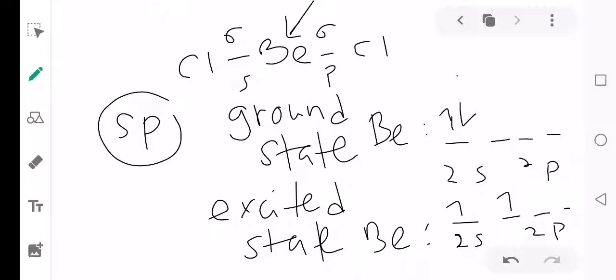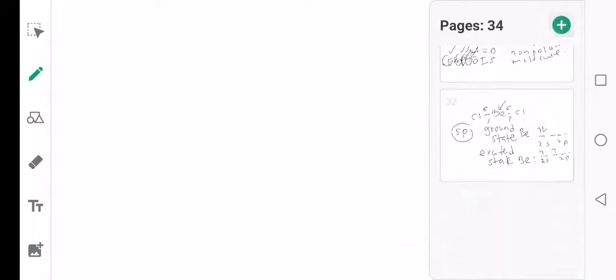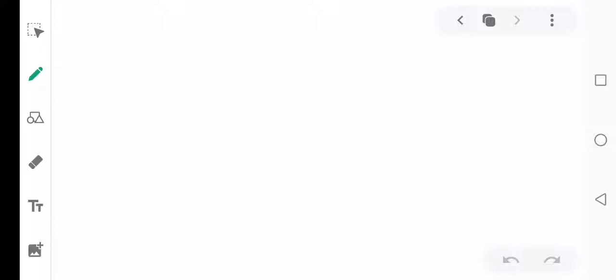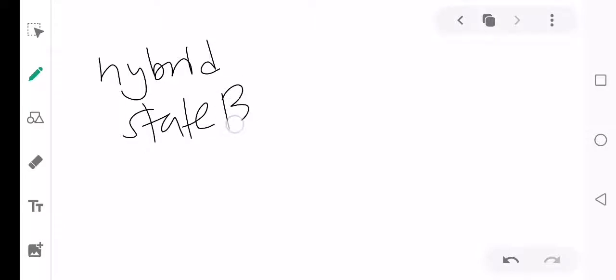Then the last step, once you have done the ground state and the excited state, is the hybrid state of beryllium. So sp. We already guessed earlier that the type of hybrid for the central atom is sp, right?